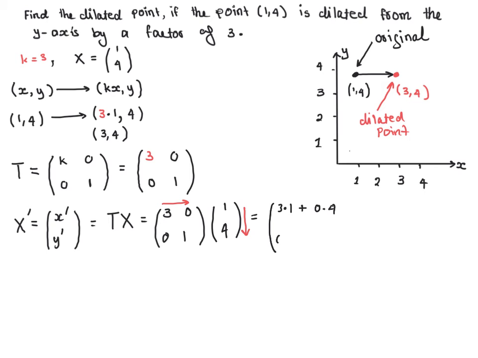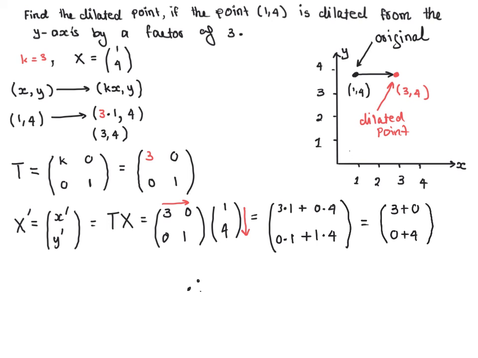Then we will do 0, the 0 from here, times 1, plus 1 times 4. 0 times 1, 1 times 4, and the new point that we obtain would be that 3 times 1 is 3, 0 times 4 is 0, 0 times 1 is 0, 1 times 4 is 4.